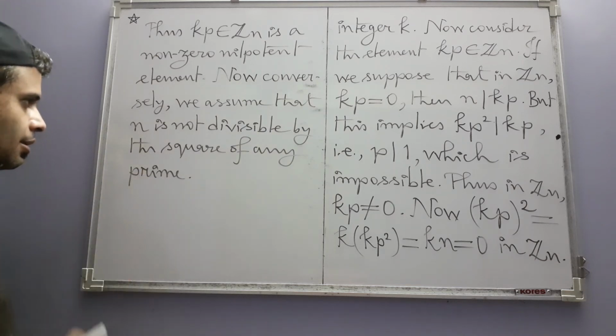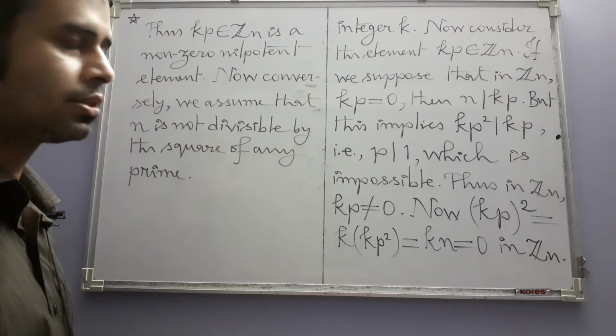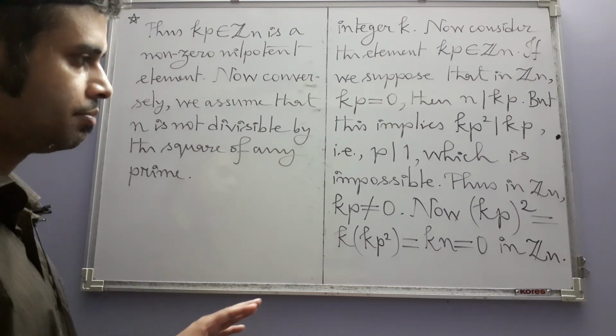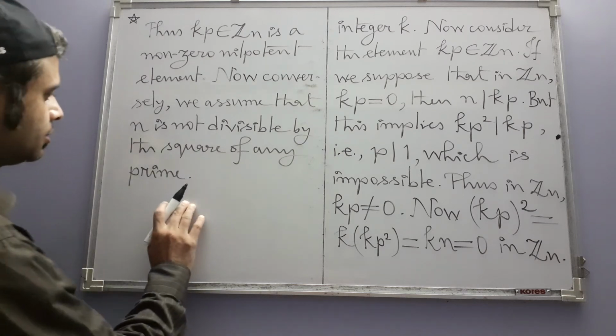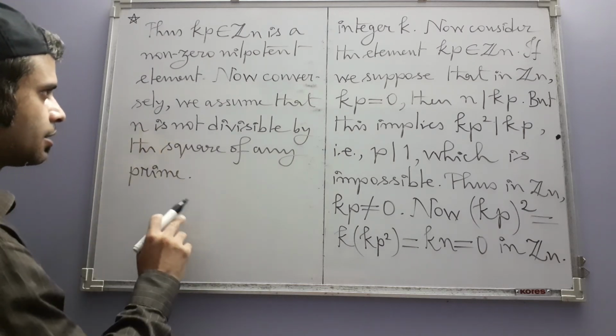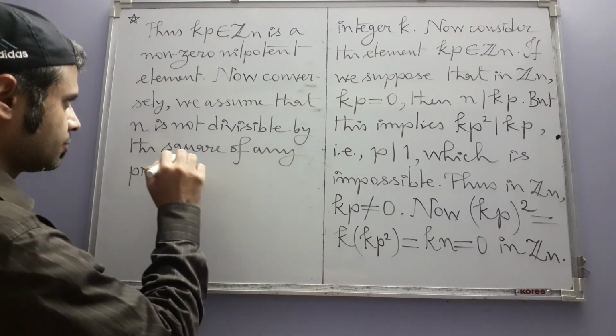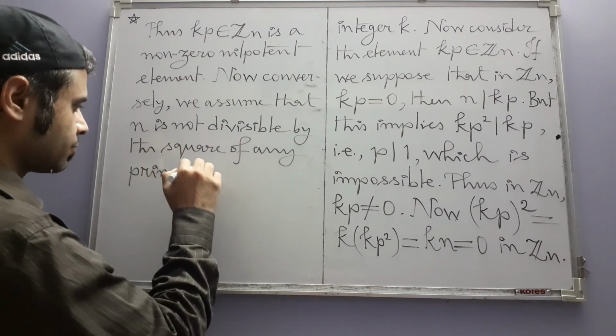So the case n equal to 1 actually falls under this. However, that we have left behind, and we are done with that. So that is why our n is now greater than 1, and this is our assumption.